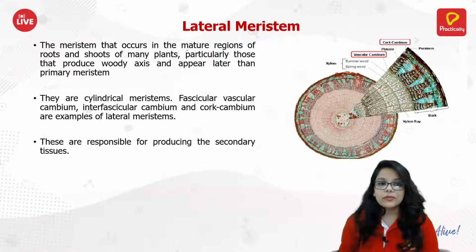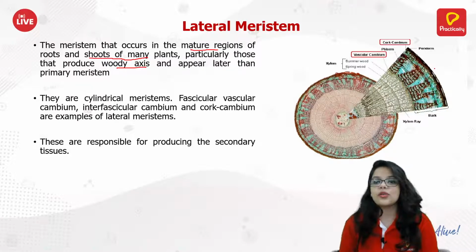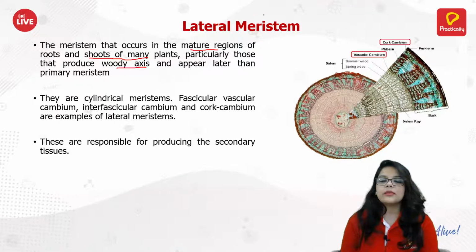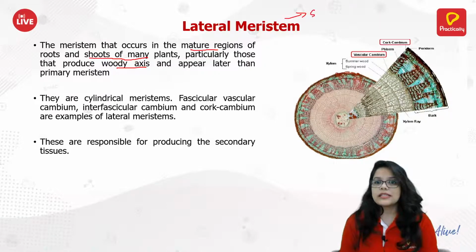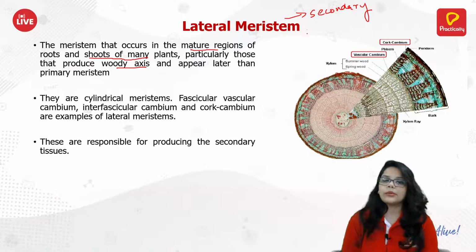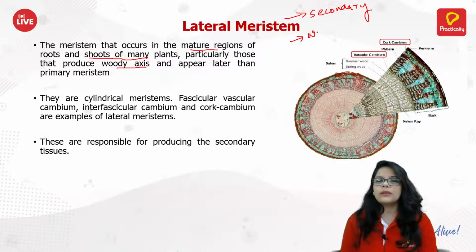Then there is lateral meristem. This occurs in mature regions of the shoots and roots of many plants, particularly those that produce a woody axis. Mostly lateral meristem occurs because it is secondary. So they occur later than the primary one, and mostly in woody plants.